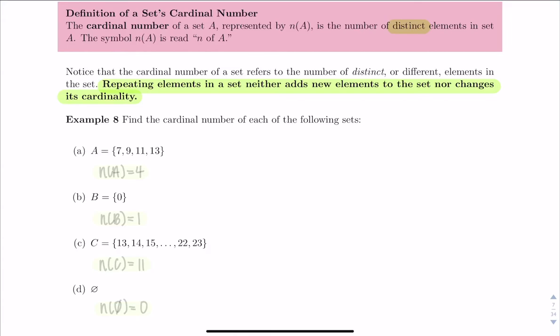So let's find the cardinal number of each of the following sets. A equals 7, 9, 11, and 13. So the cardinal number of A would be 4 because we have 4 different elements in our set. Set B is equal to 0. This has 1 element, so its cardinal number is 1.